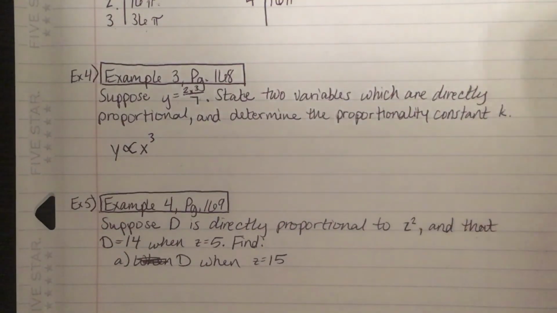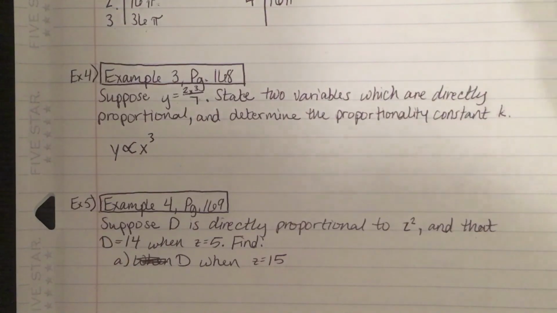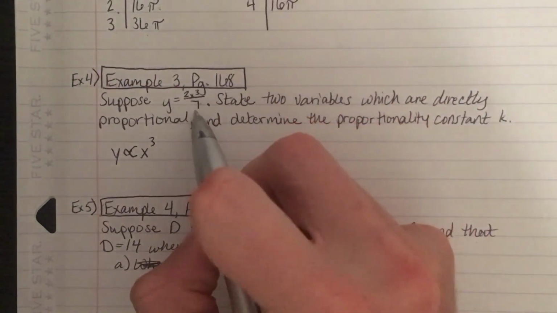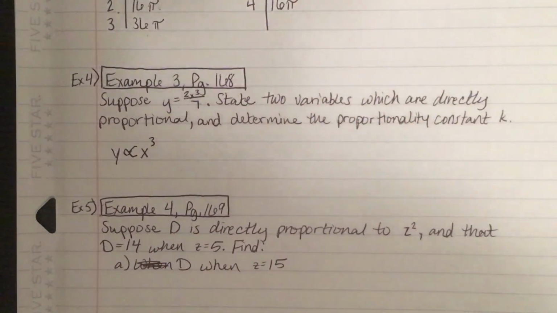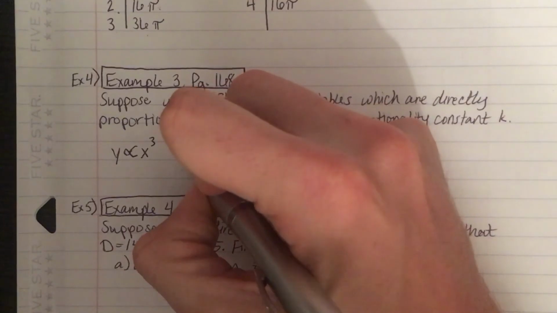And so now we have to say, well, what is in place of k for us here? What is going to be multiplying x cubed every single time? And the answer to that, you should be saying to yourselves, well, there's that 2/7 there, Mr. Price.